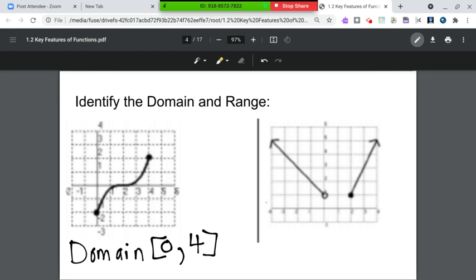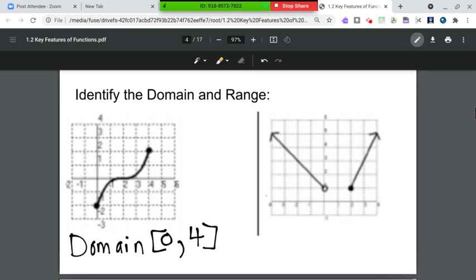Notice I'm using a bracket. Bracket indicates that it is a stopping point and it's an inclusive value. And I looked at the graph from left to right along the x-axis. Now, range, I'm going to look at the graph from bottom to top.